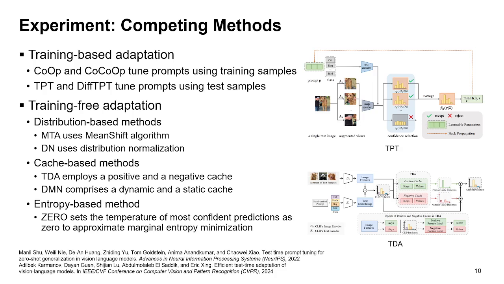For distribution-based methods, MTA uses the mean shift algorithm, while DN uses distribution normalization. For cache-based methods, TDA employs a positive and a negative cache. DMN combines a dynamic and a static cache. Zero is an entropy-based method which sets the temperature of the most confident predictions to 0 to approximate marginal entropy minimization.